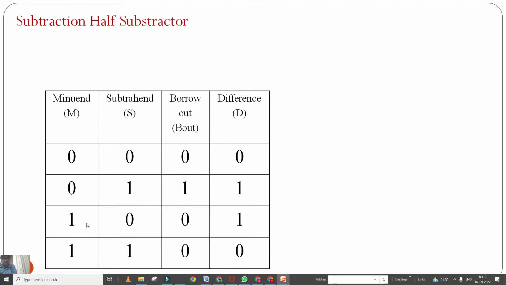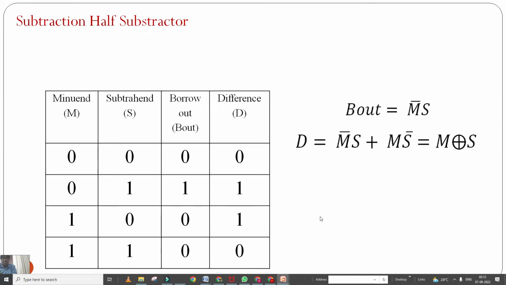In the third case, 1 minus 0, we can easily subtract, so borrow out is 0 and the difference between m and s is 1. In the case of 1 1, the borrow out is 0 and the difference is 0. So this is the truth table.